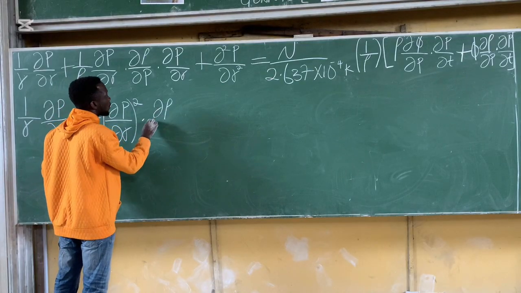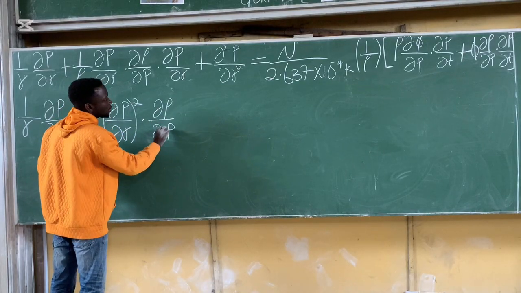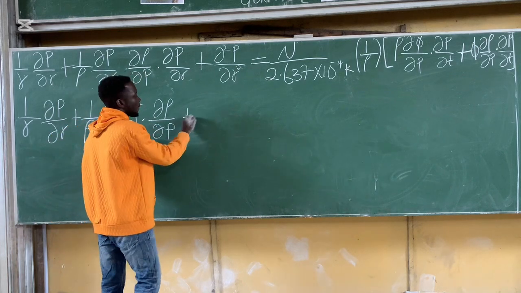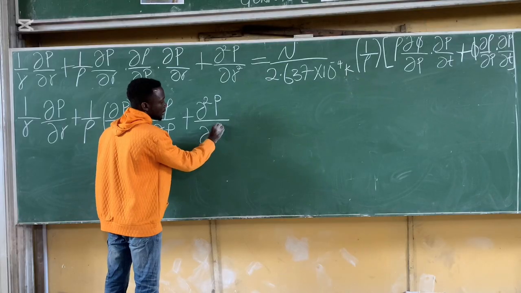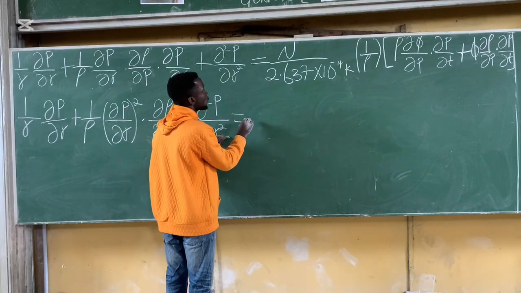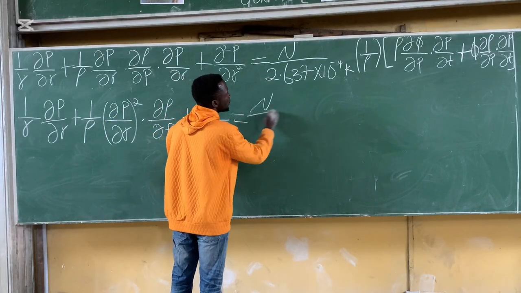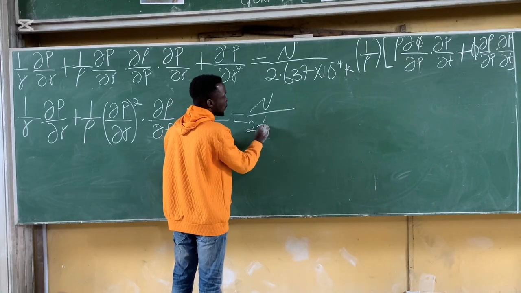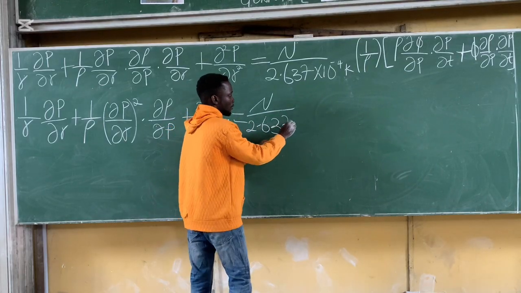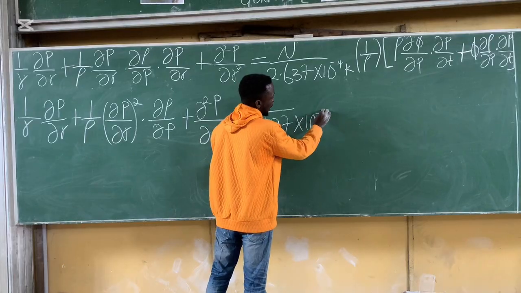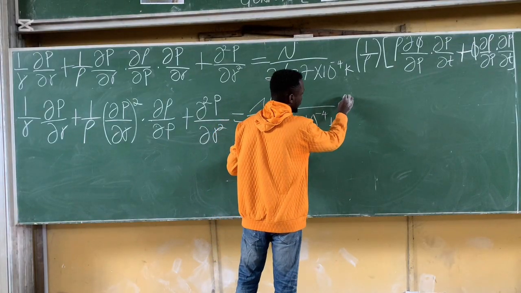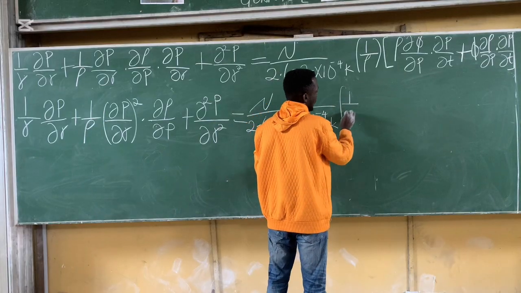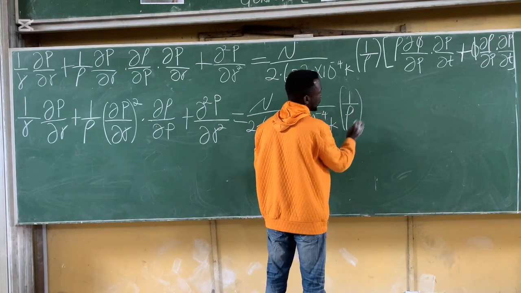The ∂ρ over ∂p. Then plus the ∂²p divided by ∂r². This will be equal to mu divided by 2.637 times 10 raised to the power of minus 4 k into 1 all over rho, close brackets.